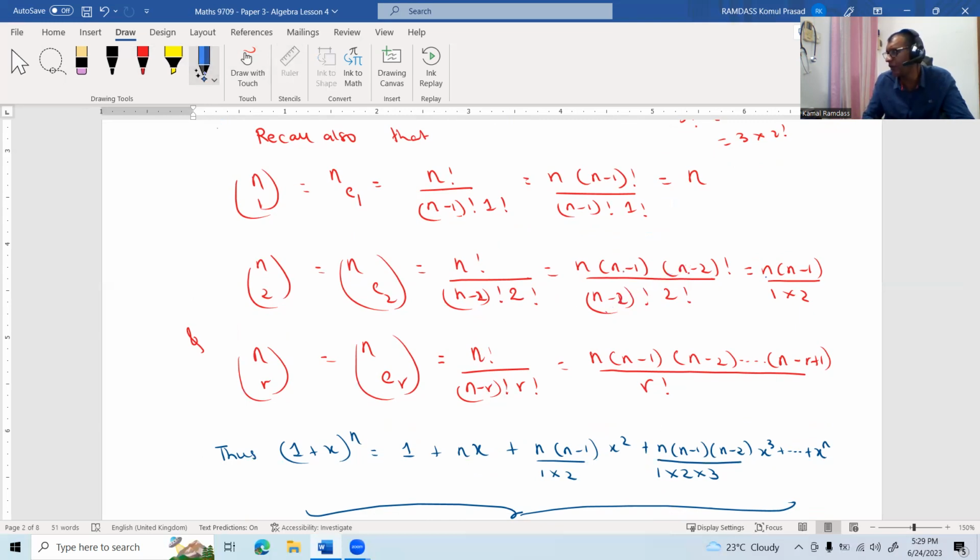On peut gagner n fois n minus 1, divisé par 2. Et nCr, c'est n factorial divided by n minus r factorial, r factorial, il pour n fois n minus 1 fois n minus 2 fois n minus r plus 1. OK? Divided by r factorial.